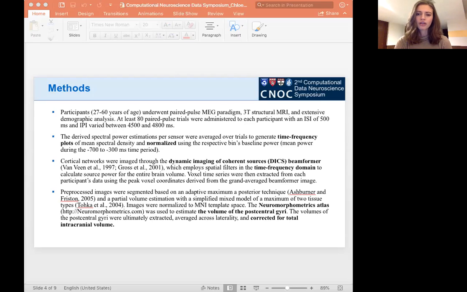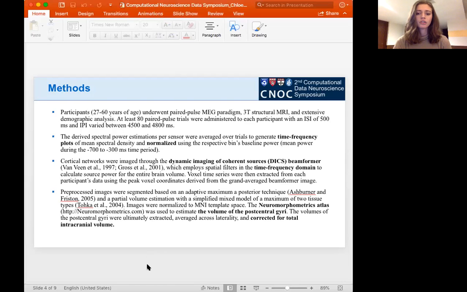As for the structural MRI, preprocessed images were segmented based on an adaptive maximum a posteriori technique and normalized to MNI template space. The neuromorphometrics atlas was then used to estimate the volume of the postcentral gyri. And the volumes of the postcentral gyri were ultimately extracted, averaged across laterally, and corrected for total intracranial volume.